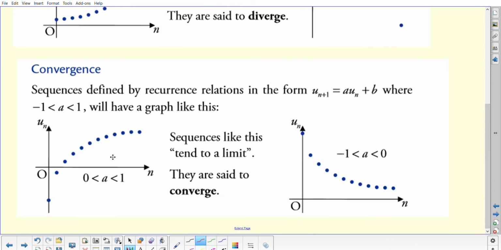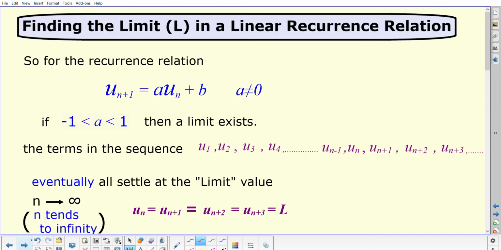The convergence ones are the ones where you get this limit value. So your graph will level out at a particular value and not go below that. So this one here, it would level off, and that's what happens on the calculator. You don't need to memorize those graphs, those are just for information only.